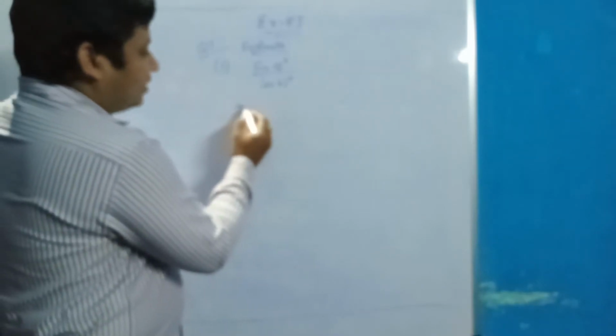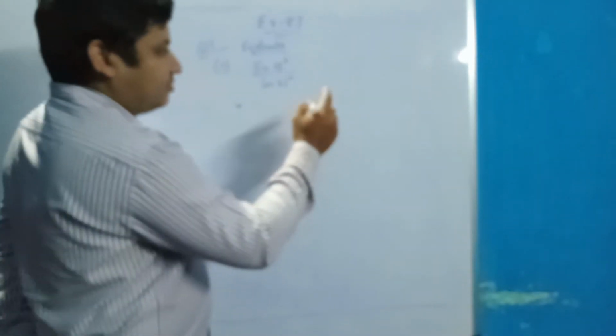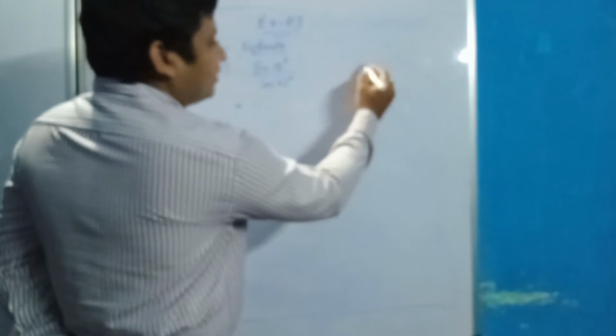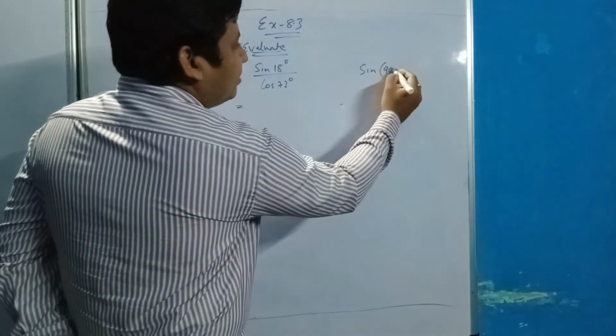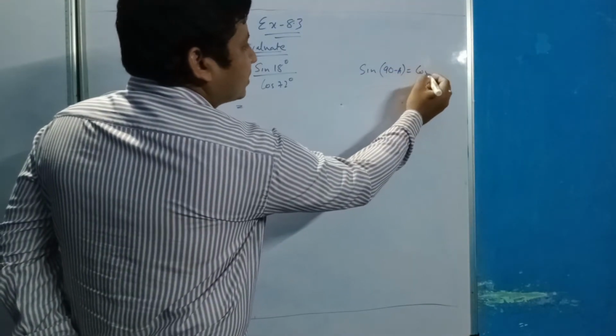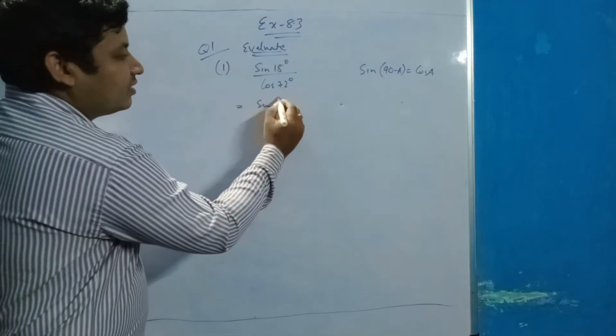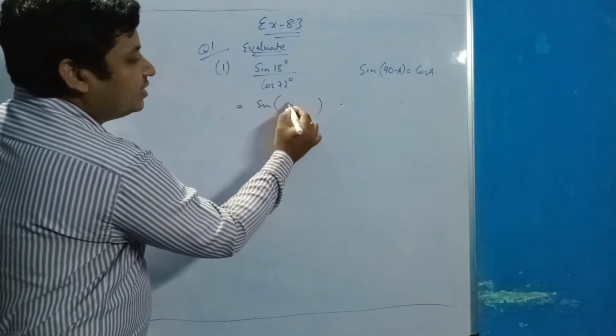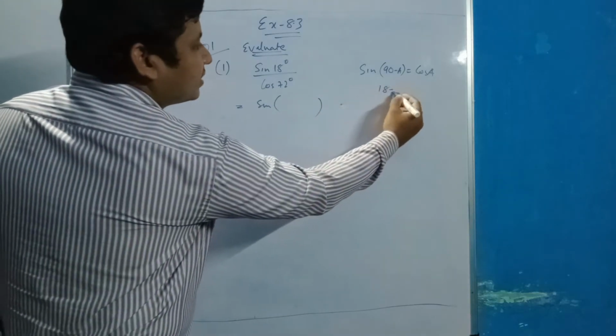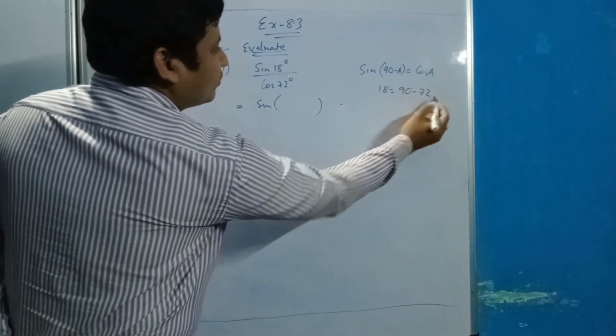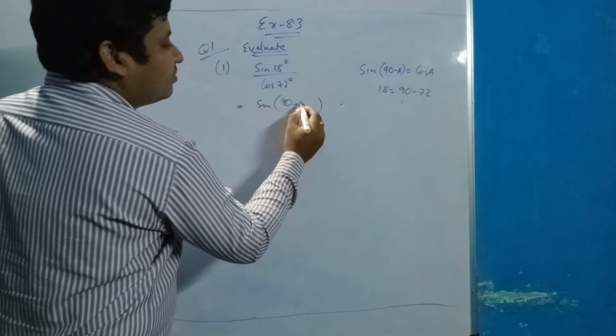Now how to get the value? Just a few minutes before, I was saying sin(90 minus A) equals cos A. This can be used here. I can write 18 as 90 minus 72, so I replace 18 with 90 minus 72.